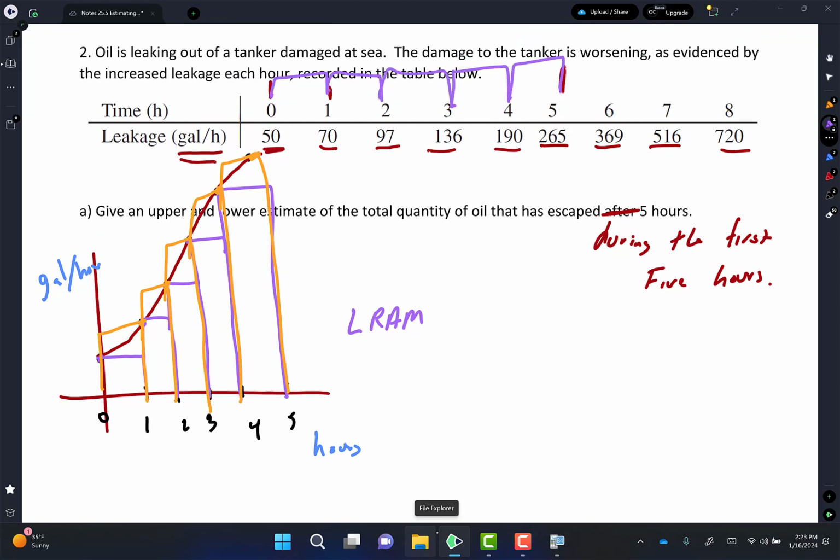So 1 times the height of my first rectangle, 50 gallons per hour, plus 1 times 70 plus 1 times 97 plus 1 times 136 plus, and is that the last one? Yep.